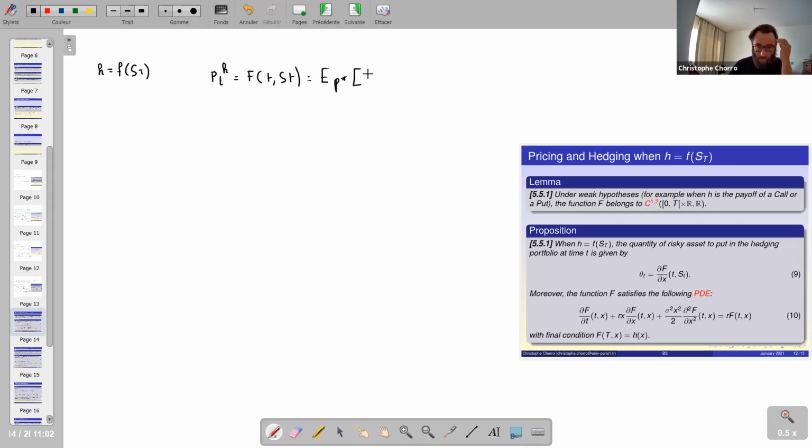Okay, it's a conditional expectation. So I have the price as a conditional expectation.